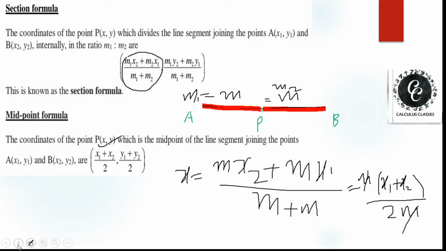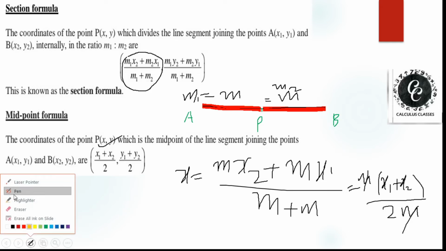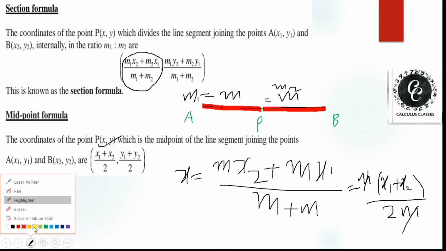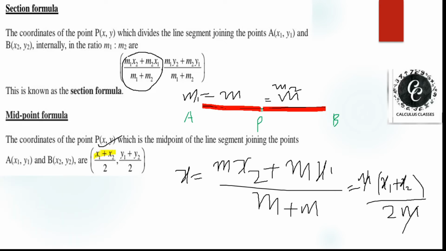You can see the formula over here. I'm highlighting it so that you can understand well. This is x1 plus x2 upon 2, and for y also the same formula will be applicable in the same way.